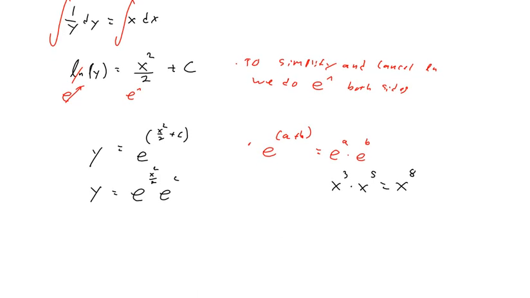And this e to the c is just a random constant. Sometimes they call it c sub e. So we're going to say y equals c sub e, e to the x squared over 2. So instead of adding a constant, we have our constant being multiplied in the front.